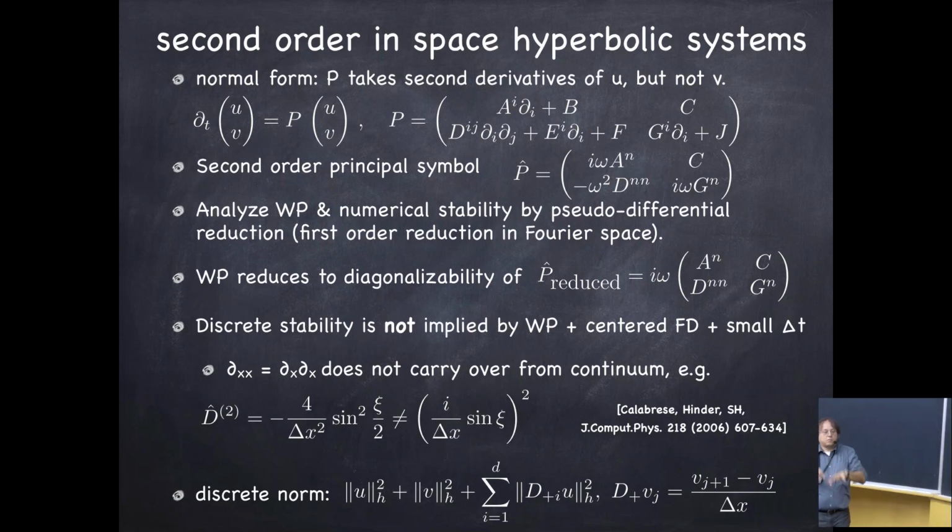So then you essentially have basically the same things as before, except that at one step there's a thing where discrete stability is not implied by well-posedness plus centered finite differencing plus small delta t.